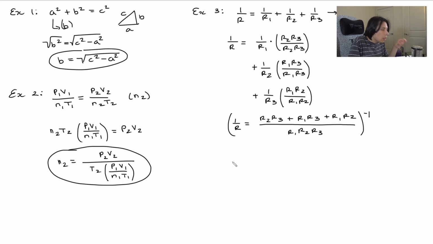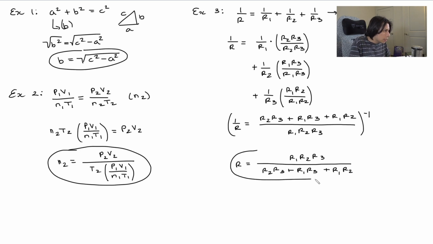All this does is switch the numerator and denominator, and R over 1 is just R, so we just write R, again because we're taking the inverse. This becomes R equals R1 R2 R3 over R2 R3 plus R1 R3 plus R1 R2. And this is our answer.